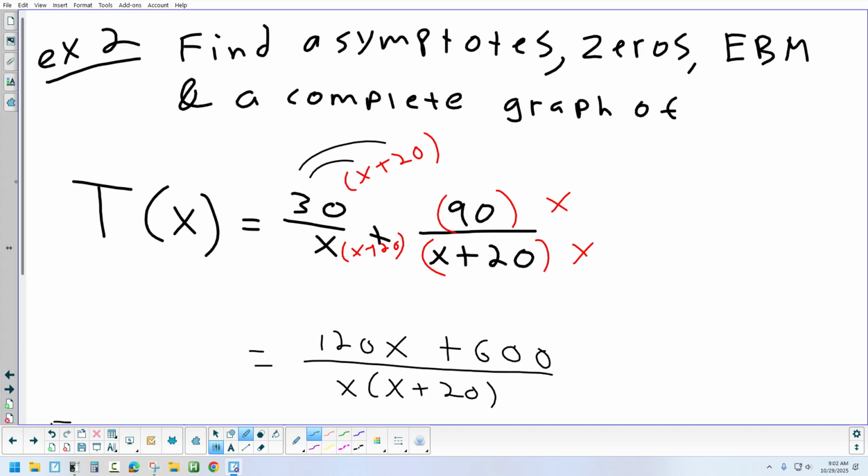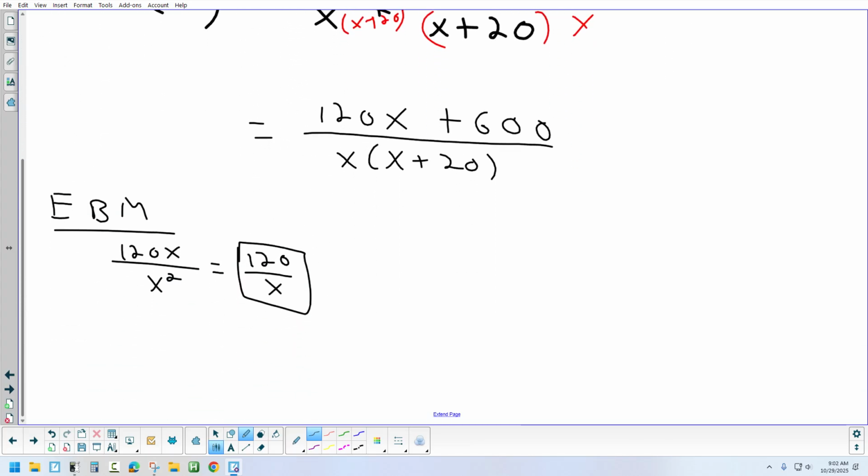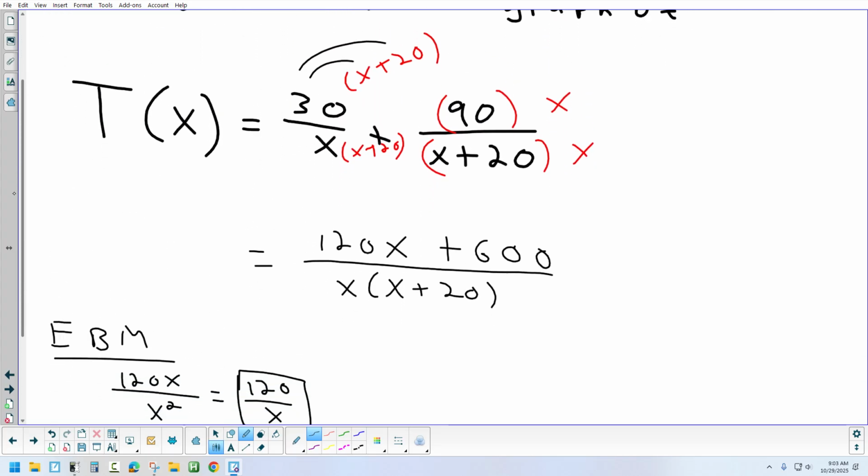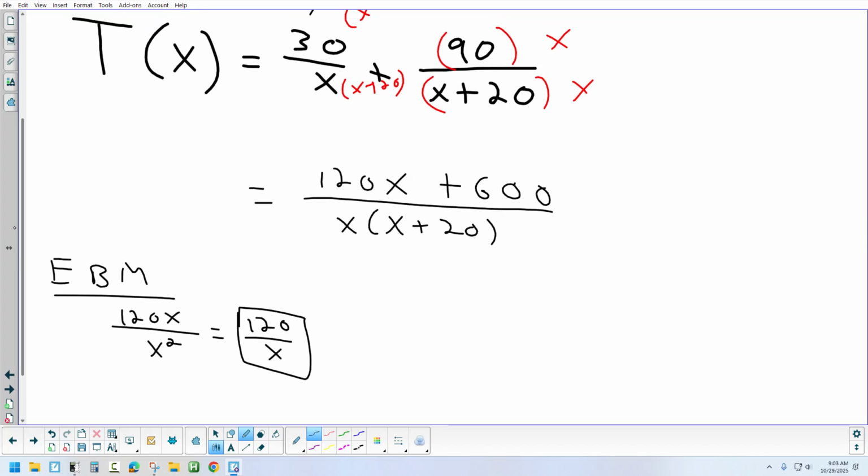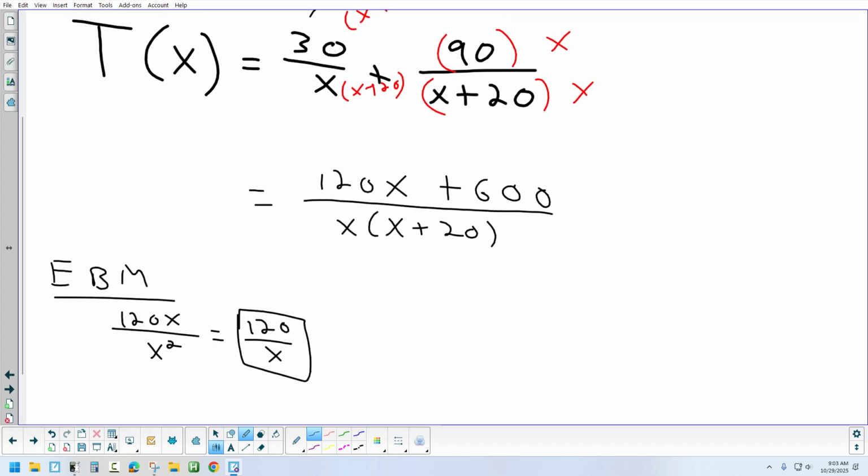Find the asymptotes, right? Well, since the degree in the bottom is bigger than the top, we're not going to get anything curved for an asymptote, but we are going to get what kind of asymptote when the degree in the bottom is always bigger? Yep. We're going to get a horizontal.